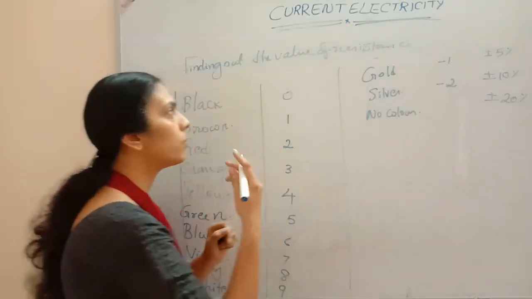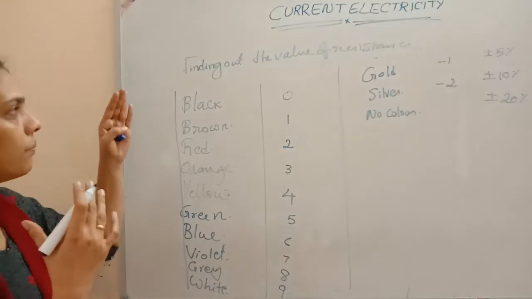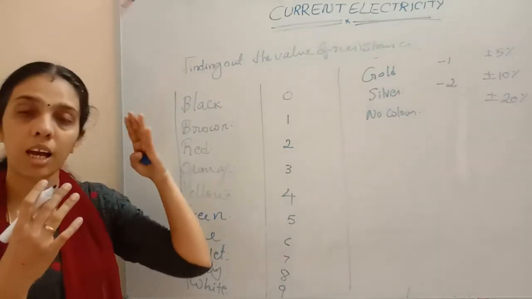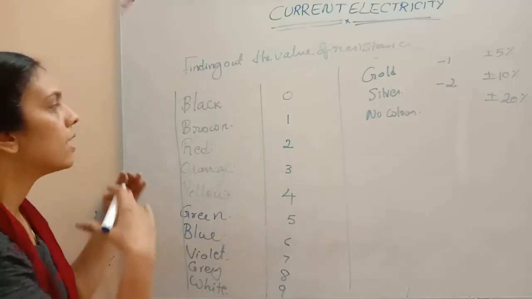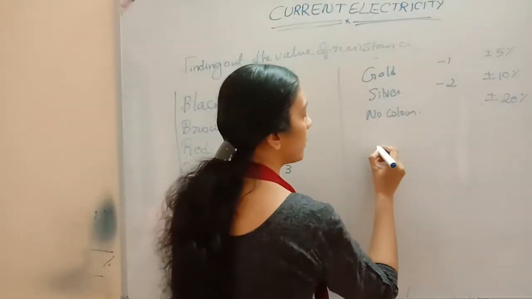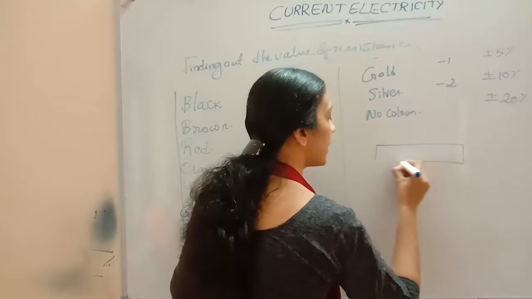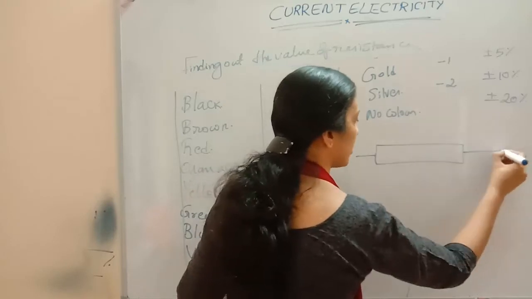This is how we represent the value of carbon resistors. So how can we identify the value of a carbon resistor from this color code?